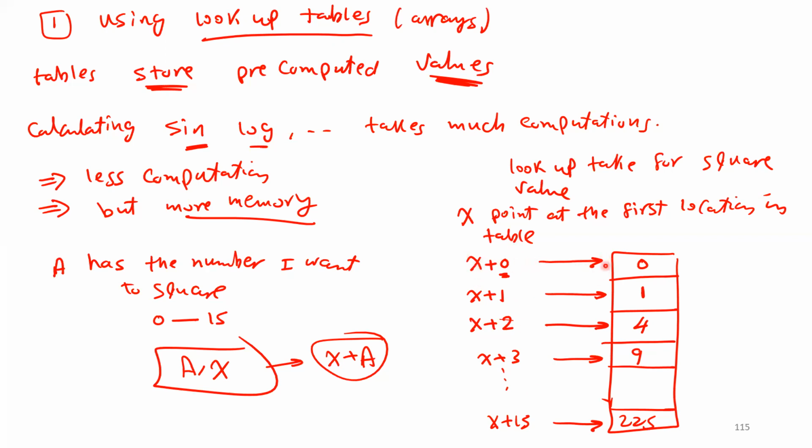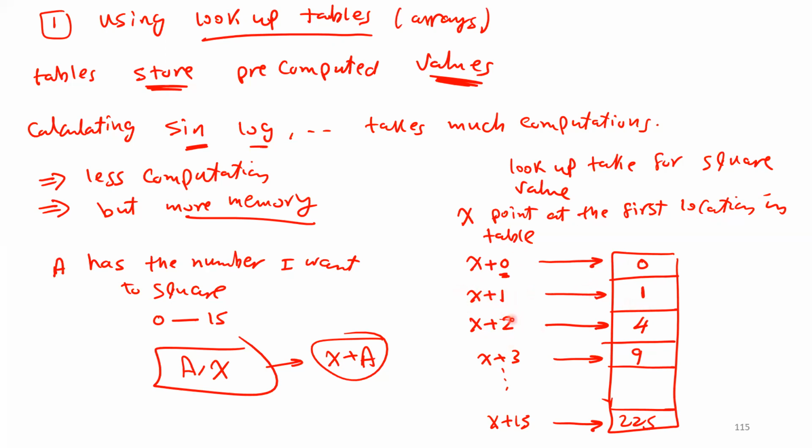X is pointing at the first location. So at X plus 0, in this memory address, I'm going to store the square of 0. Next address, X plus 1: X is holding the first location, so the first location is here, plus 1 is going to be here. In X plus 1, the first location plus 1, I'm going to store the square of 1.